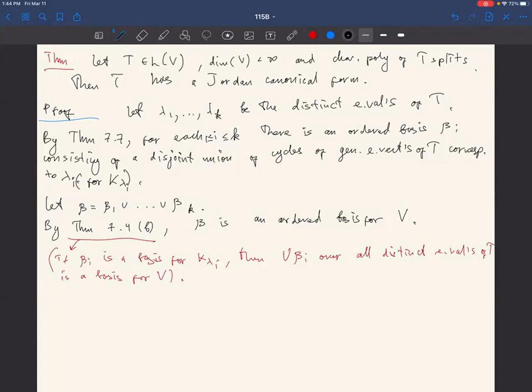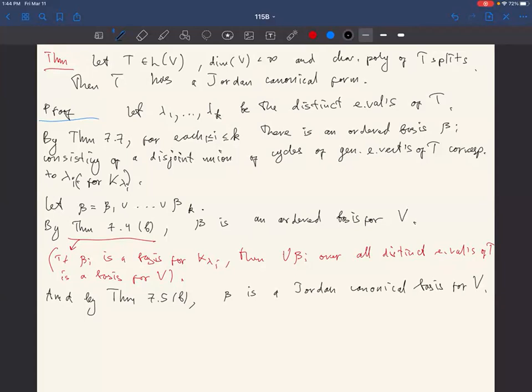Okay, but this basis is also not arbitrary, of course. By theorem 7.5b, we get that beta is a Jordan canonical basis for V. It's a basis for V, given by a union of bases for each of the K lambdas.